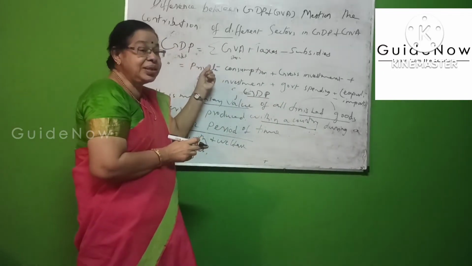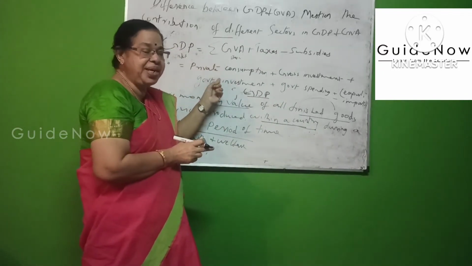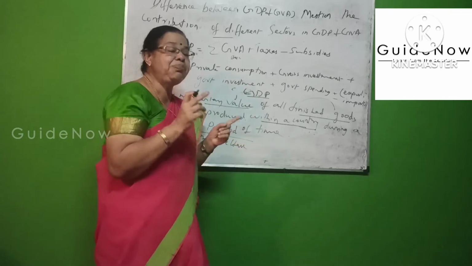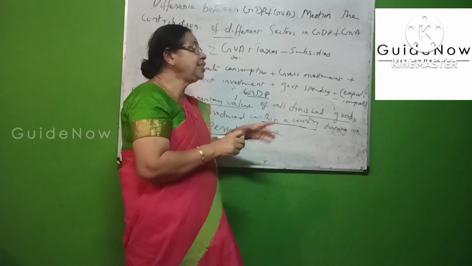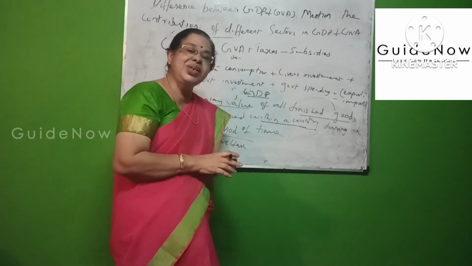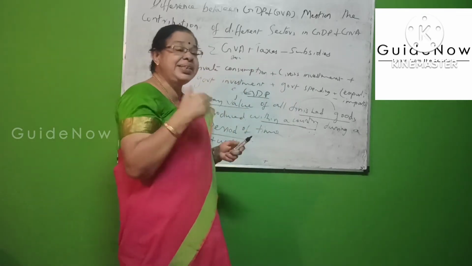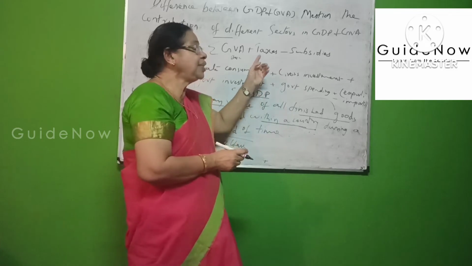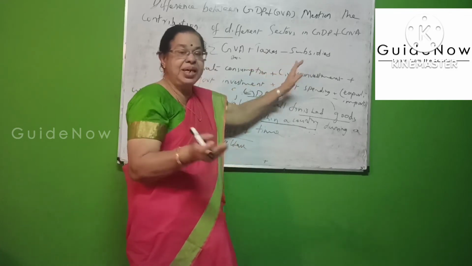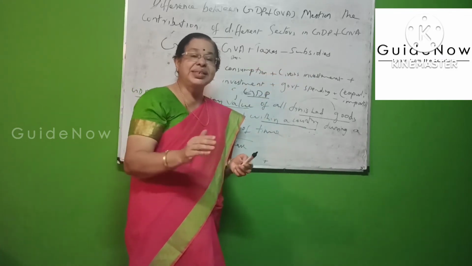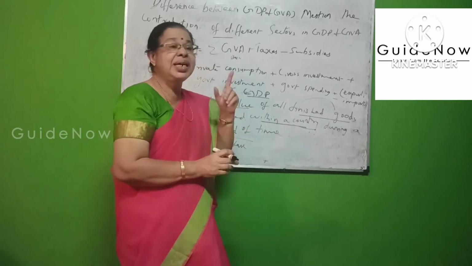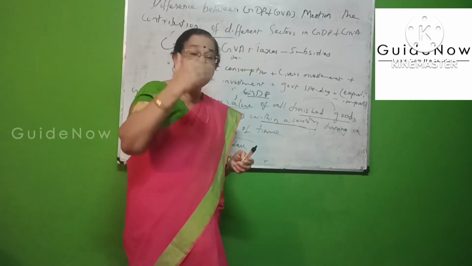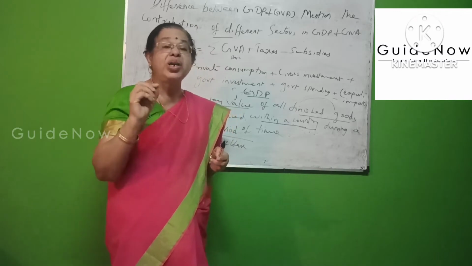Here, GDP is equal to sigma GVA plus taxes minus subsidy. It adds taxes and does not consider subsidies. Then the summation of gross value added.